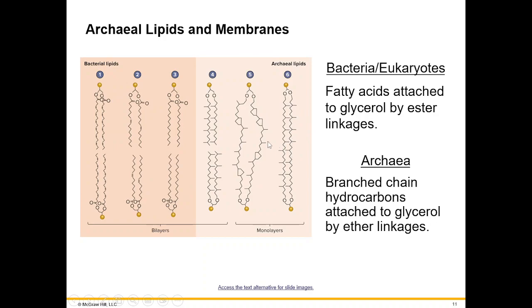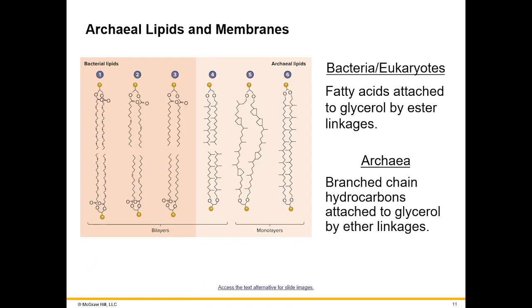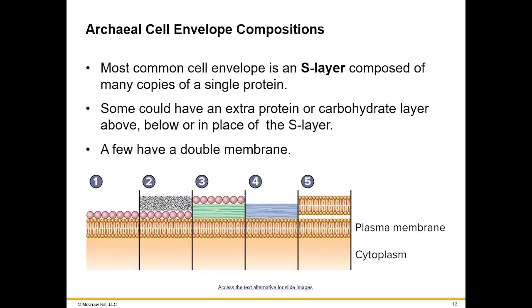So you have branches, and in addition to those branches, they also have circular cyclopentanes. The cyclopentanes produce more volume and bulk in this monolayer structure. All in all, this uniqueness produces unique characteristics in the archaeal plasma membrane structure.